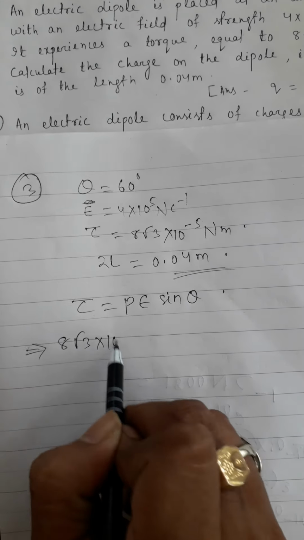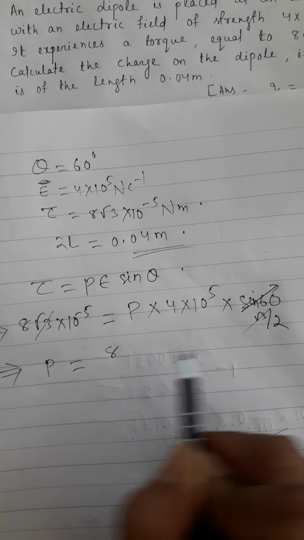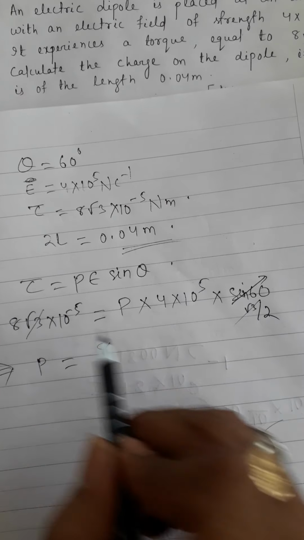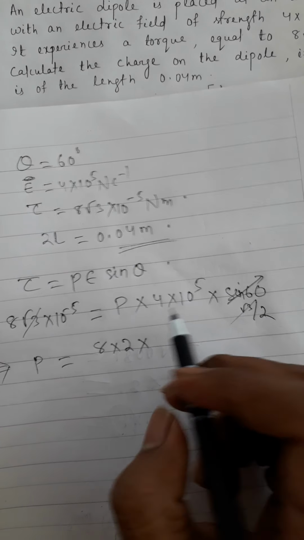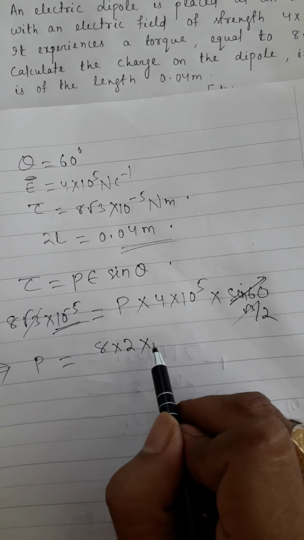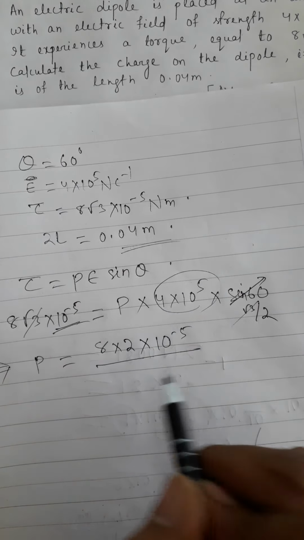So root 3 cancels. So P will come, that is 8 into this 2 will come to the upper side, 8 into 2 into 10 to the power minus 5 divided by 4 into 10 to the power 5.